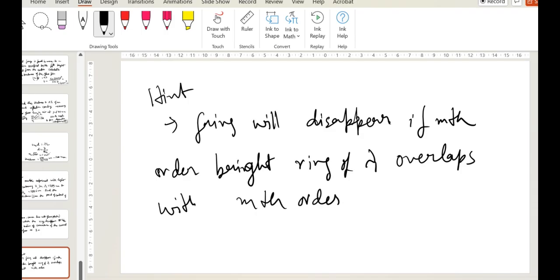Because the difference in the wavelength is so small, we are assuming that the nth order bright ring will overlap with the nth order dark ring of the other wavelength.